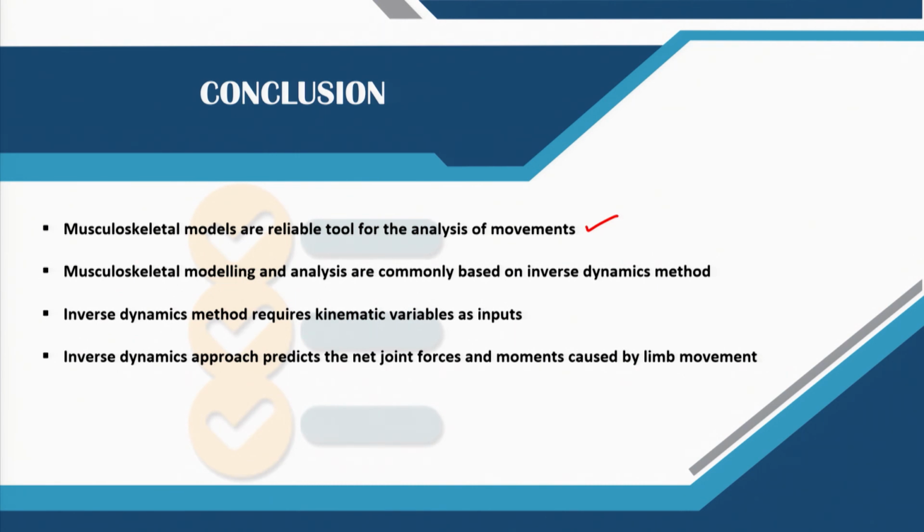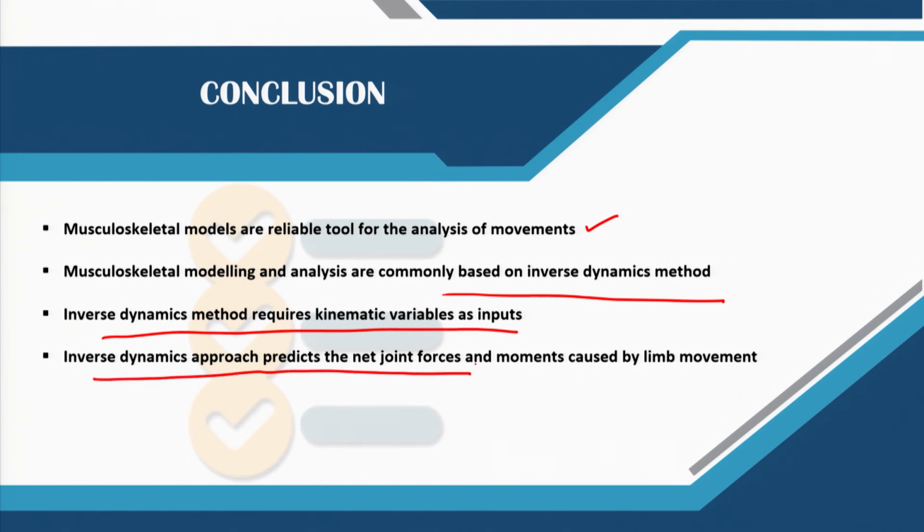Musculoskeletal modeling and analysis are commonly based on the inverse dynamics method, and we have discussed in detail about this method in this lecture. The inverse dynamics method requires kinematic variables as inputs, and the inverse dynamics approach predicts the net joint forces and moments caused by limb movement.